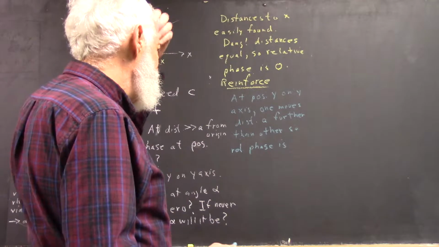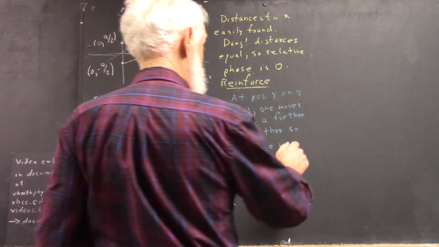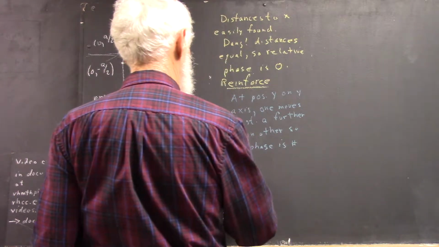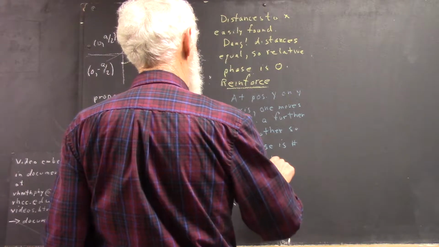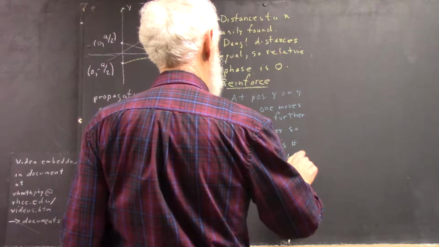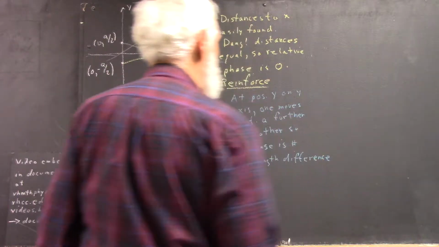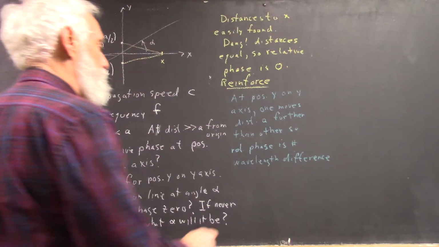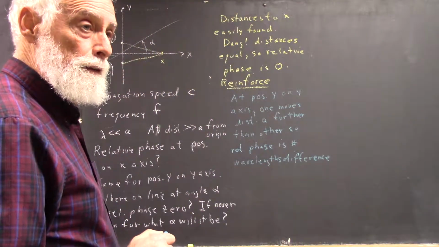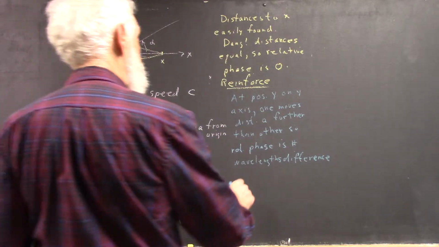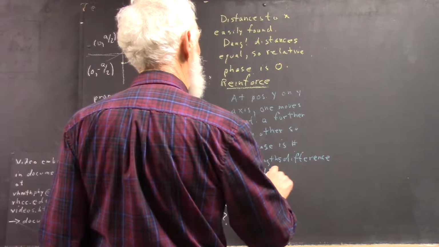So the relative phase is the number of wavelengths of difference, okay, neglecting whole wavelengths.